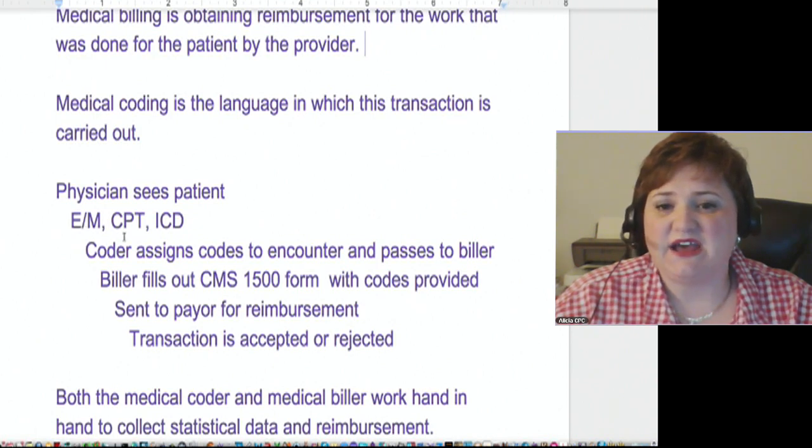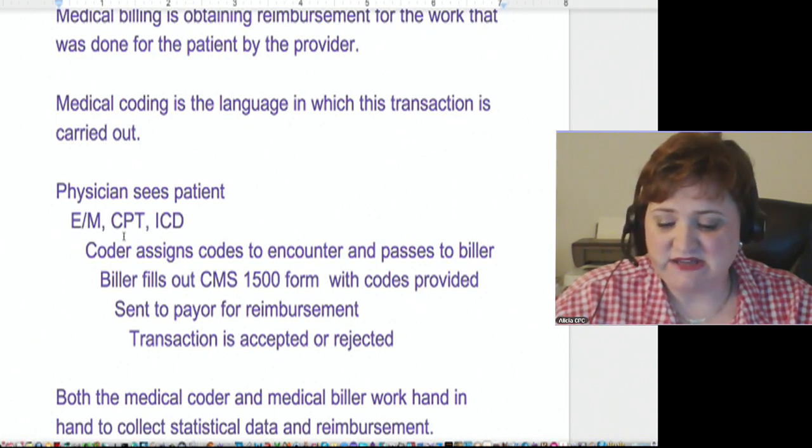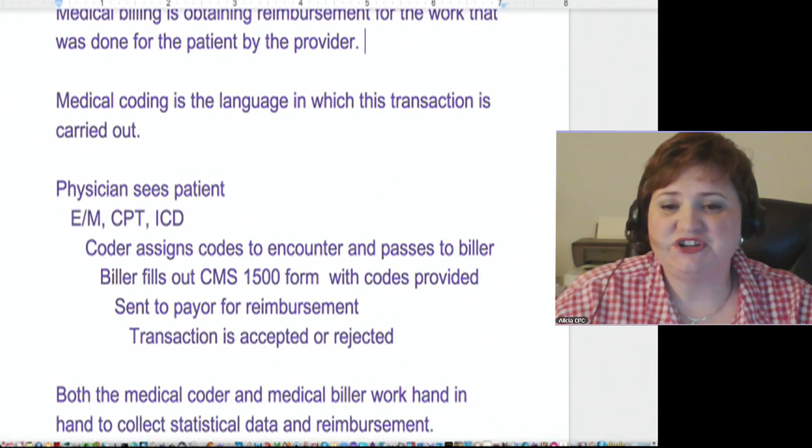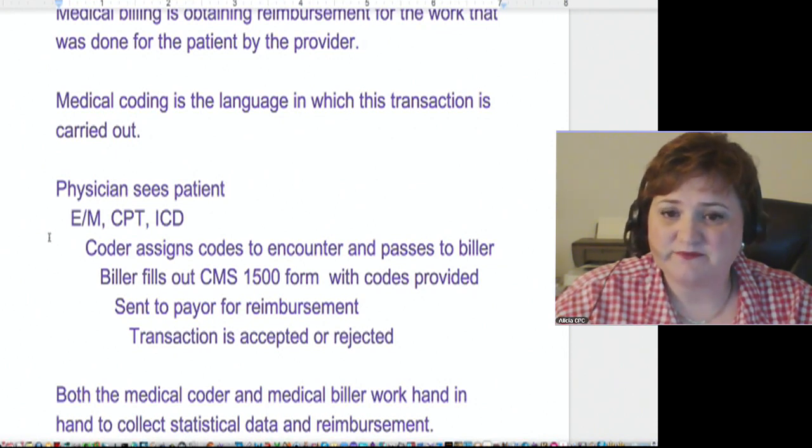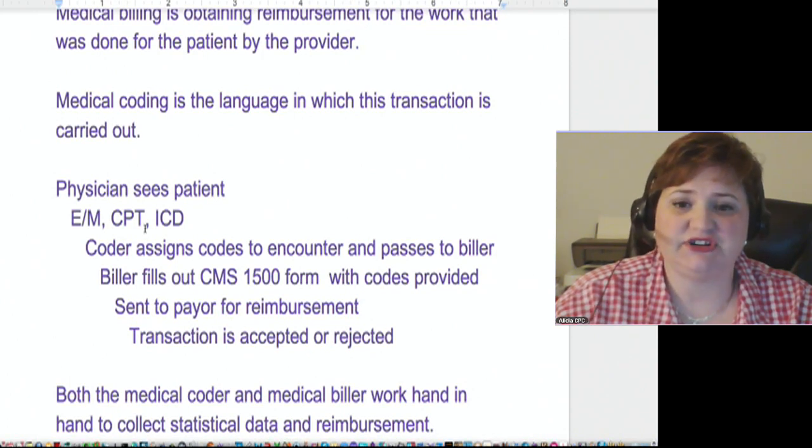By what he does to her with the evaluation and the management, CPT codes and ICD codes are assigned by the coder. Let's say that he did a yearly physical for her and checked her diabetes, and noticed that it appears that she has hypertension.